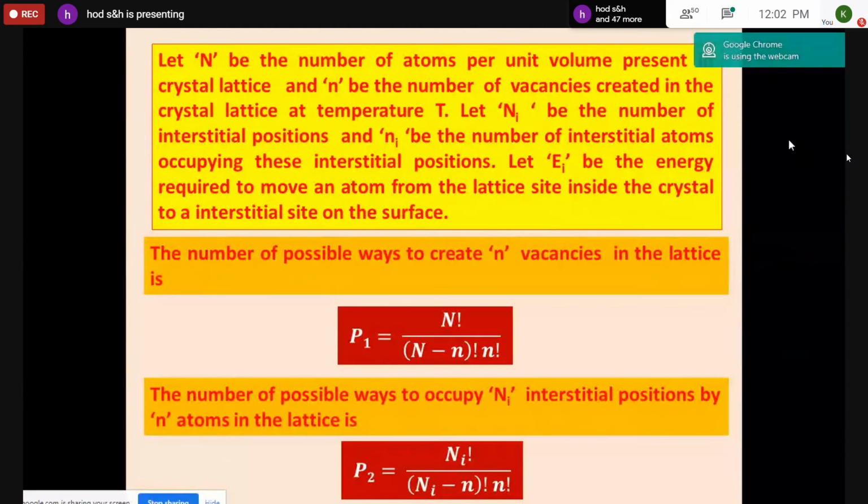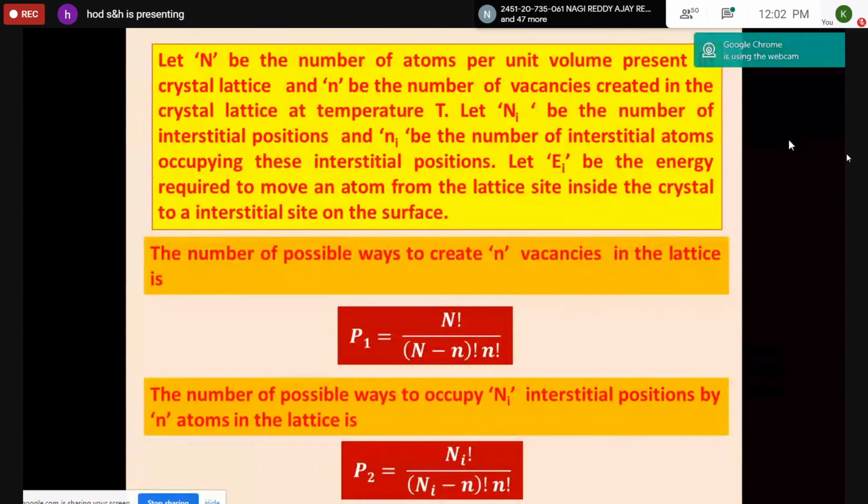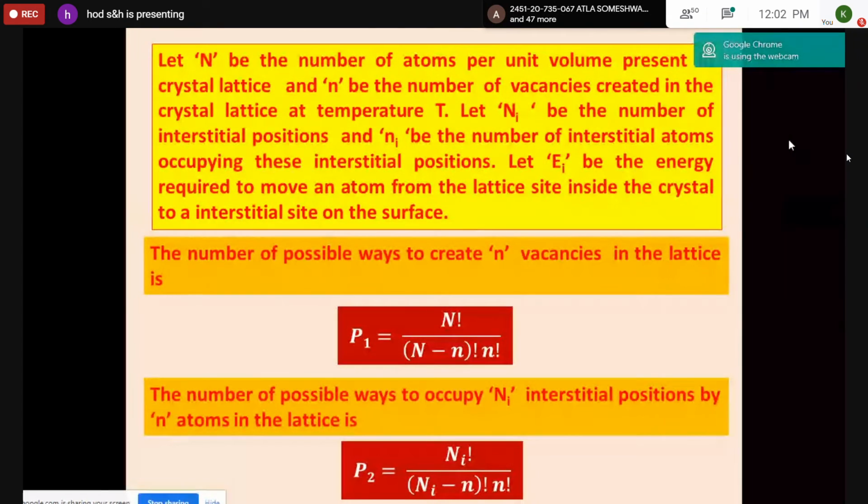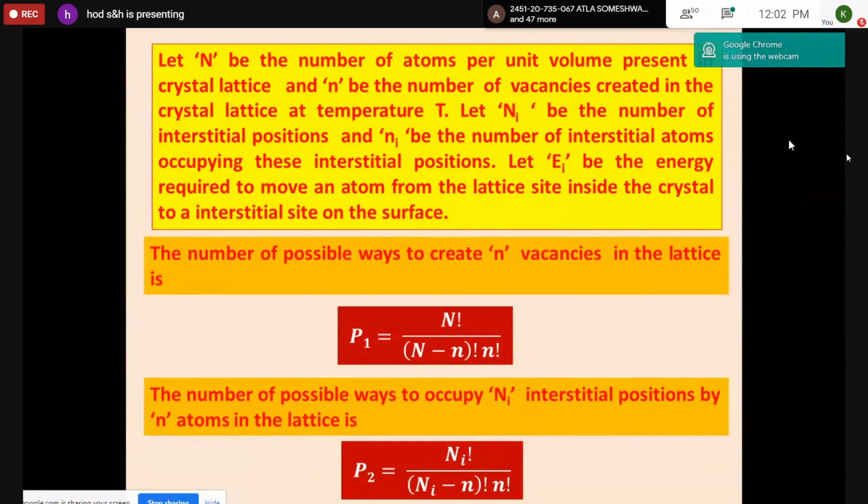With that energy, a sodium ion moves from its regular position and occupies an interstitial position. So here a vacancy is created and an interstitial site is occupied. Two disorders are present simultaneously in a given ionic crystal: creation of a vacancy and occupying an interstitial position. So to calculate that, you should consider these two things.